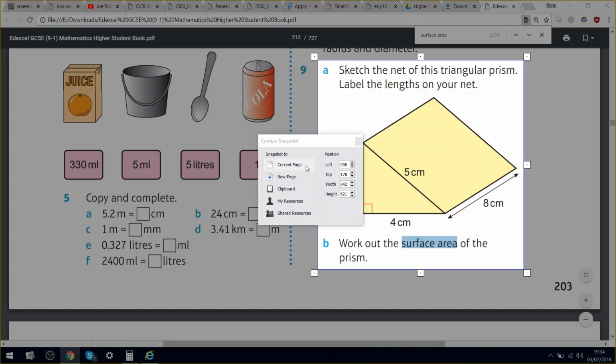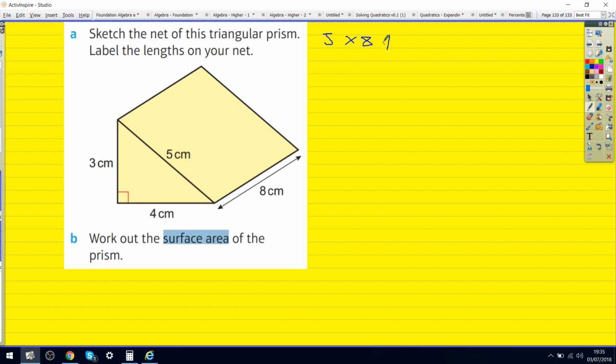3 times 8, that's 3 times 8. Yeah, I think that looks like it's it. So I'll just add those up. Times 8.